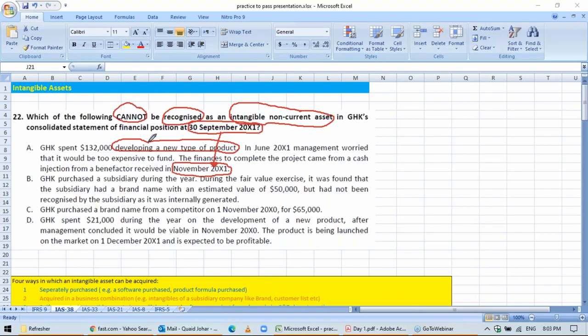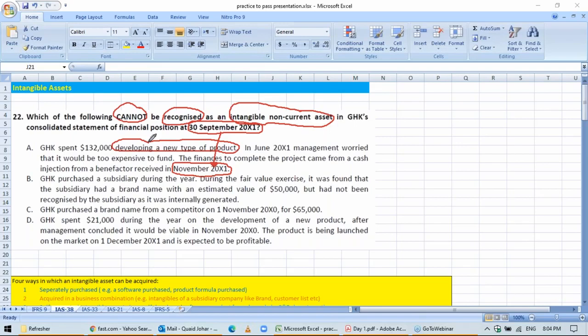So in order to recognize the cost incurred on developing an intangible asset, all conditions should be met. What are the conditions? There should be feasibility. The company should have the ability to complete the project and sell it or generate future revenues. The company shall have resources to complete the project, meaning they should have cash.